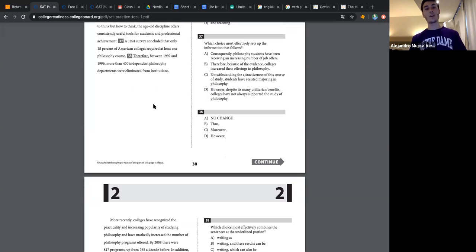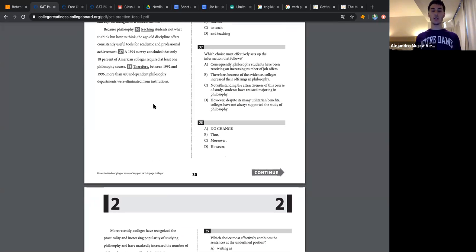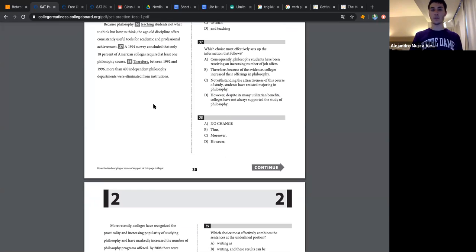38, therefore, between 1992 and 1996, more than 400 independent philosophy departments were eliminated from institutions. So this is adding information that goes in the same vein as the other one, right? As the stuff before. Sorry.